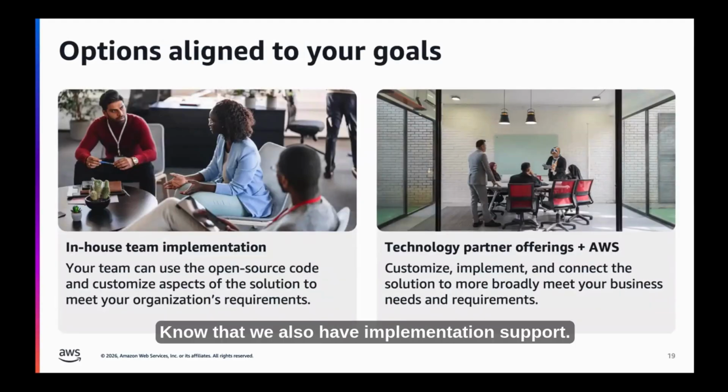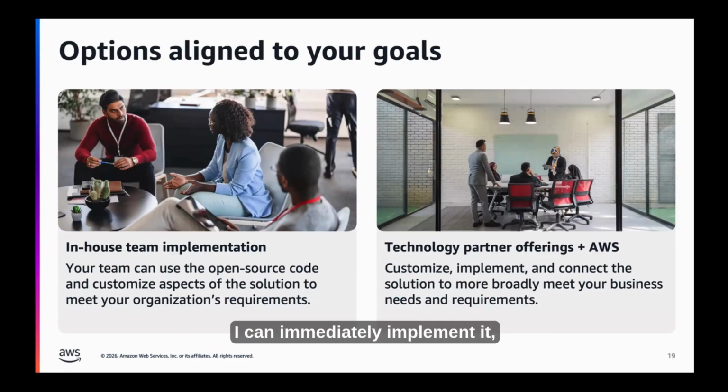Know that we also have implementation support. Not everybody is going to say, I've got this open source code, let's go, I can immediately implement it, even though we did create very simple implementations, a 2-click implementation. It should take you a limited amount of time to implement this.